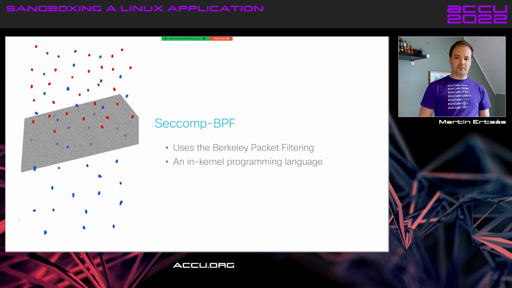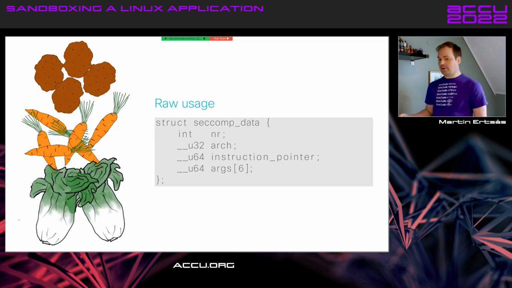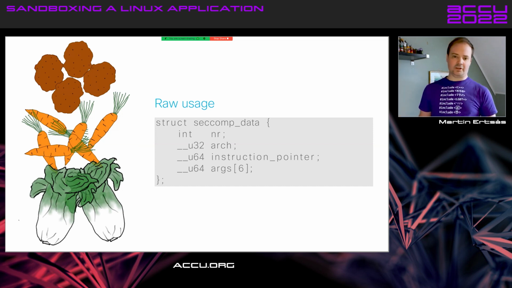Now, using seccomp, you're actually working on a struct, which looks like this. It has a system call number. It has an unsigned 32-bit integer that represents the architecture. You actually have an instruction pointer.